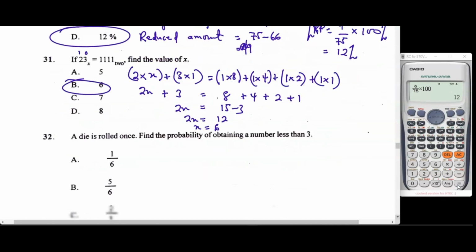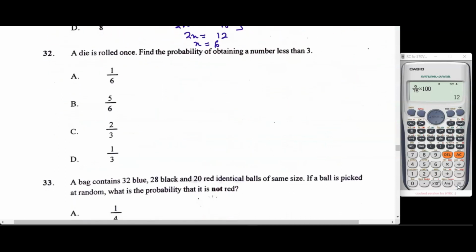Going further, a die is rolled once. Find the probability of obtaining a number less than 3. So when a die is rolled once, the sample space, as you know, is 1, 2, 3, 4, 5, and 6. So that is the sample space for a die. Now we have to consider the probability of the number being less than 3.